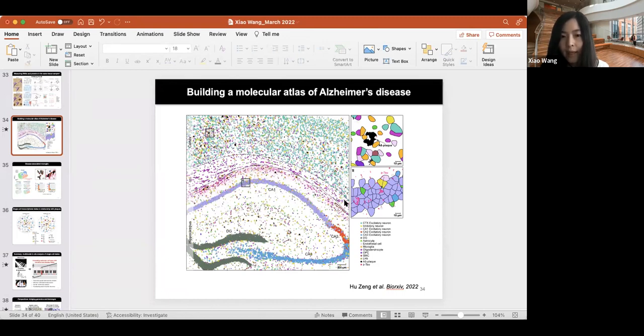I don't have a definite answer about the dynamic range for our approach, but for STARmap and STARmap PLUS, all the data is released online. If you want, we can take a look at the individual genes and the cell types that we mentioned here.